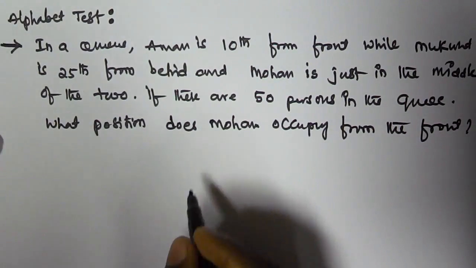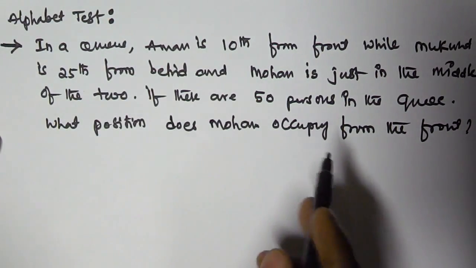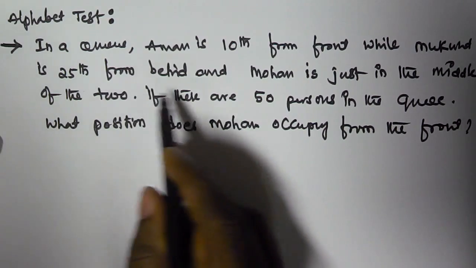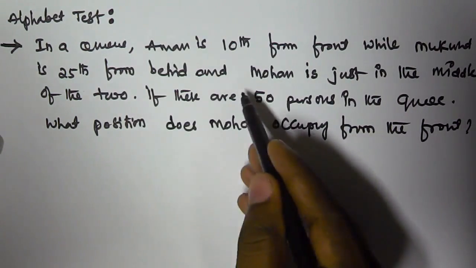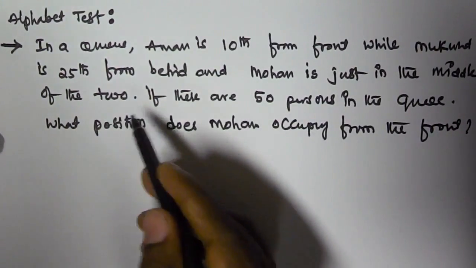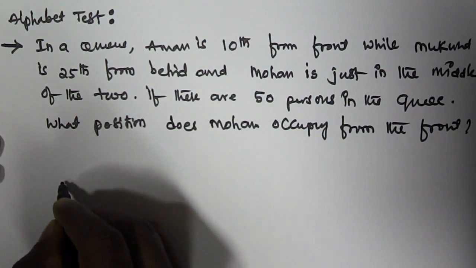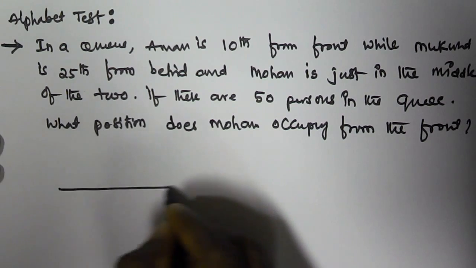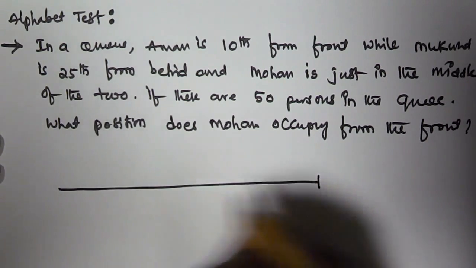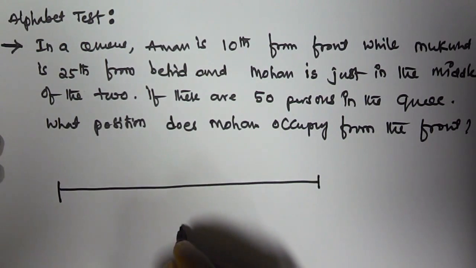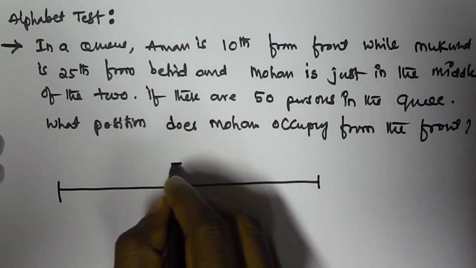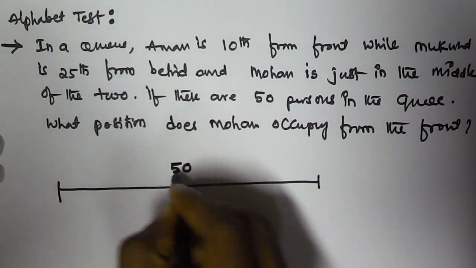Okay, so in a queue, Aman is 10th from the front while Mukund is 25th from behind, and Mohan is just in the middle of the two. If there are 50 persons in the queue, let us assume the total length of this queue is 50 persons.